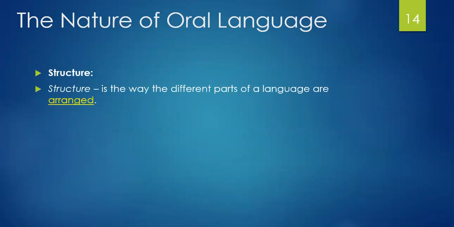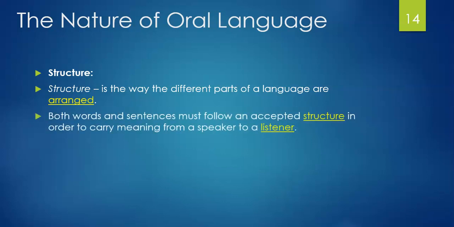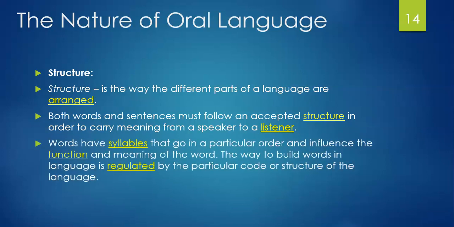Next, structure. There's a definition. It is the way the different parts of a language are arranged. Both words and sentences must follow an accepted structure in order to carry meaning from a speaker to a listener. Words have syllables that go in a particular order and influence the function and meaning of the word. The way to build words in language is regulated by the particular code or structure of the language.